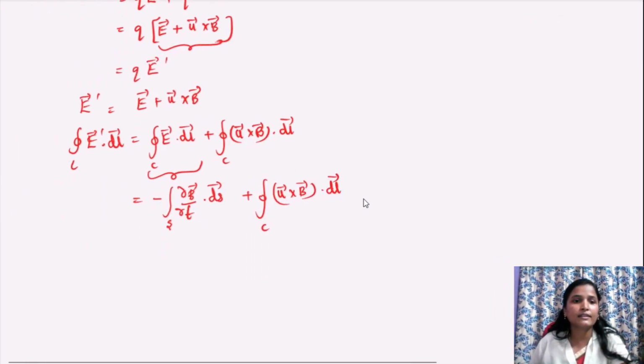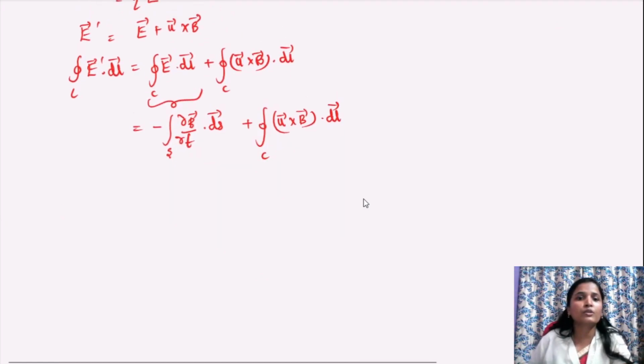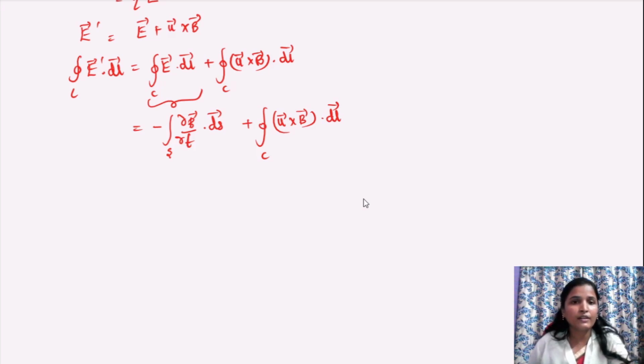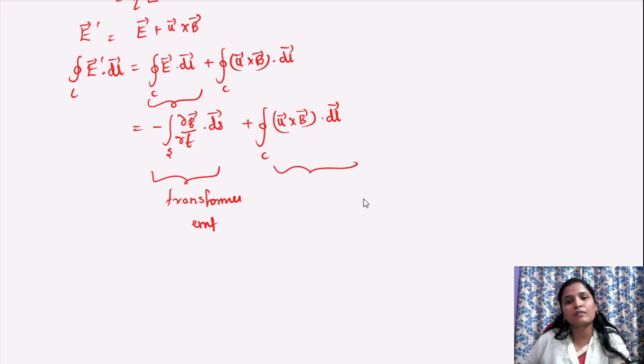This is the total induced EMF in the case of a moving circuit in a varying magnetic field. The first term is known as transformer EMF. The second term is known as cutting or motional EMF.